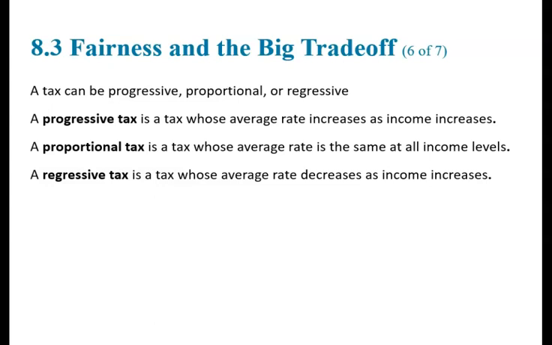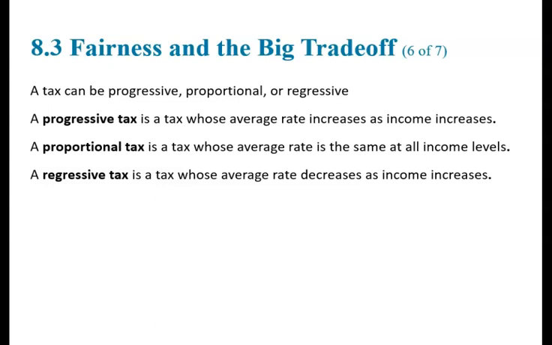An example of a regressive tax is a sales tax, because if I buy a bottle of shampoo, and my income is 60,000, for example, and if a millionaire buys the same bottle of shampoo, since their income is larger, it would mean that the tax paid on that bottle of shampoo is a smaller percentage of their income than the tax that I am paying on that same bottle of shampoo, because the denominator, the income, in my case is way lower than in the case of a millionaire.